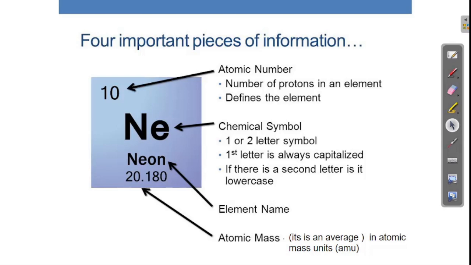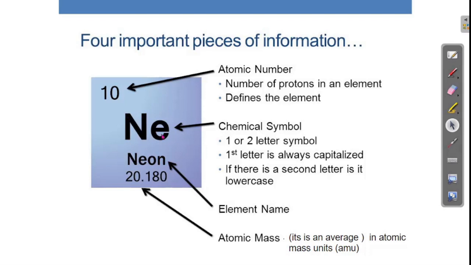You should be familiar with protons, electrons, and neutrons because you took physical science before you took chemistry. But anyway, let's continue. Your periodic table does not have the name of the element. It only has the chemical symbol.